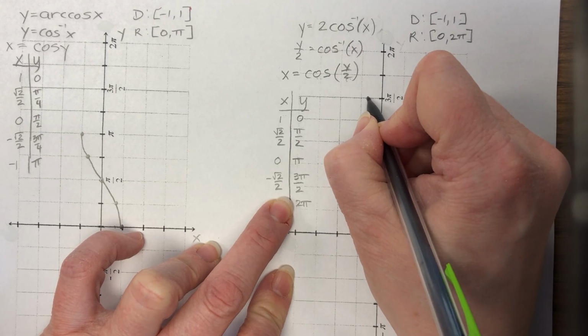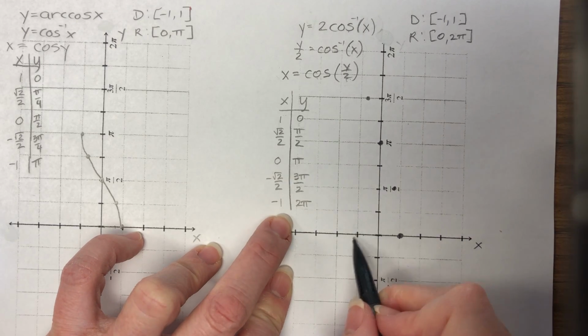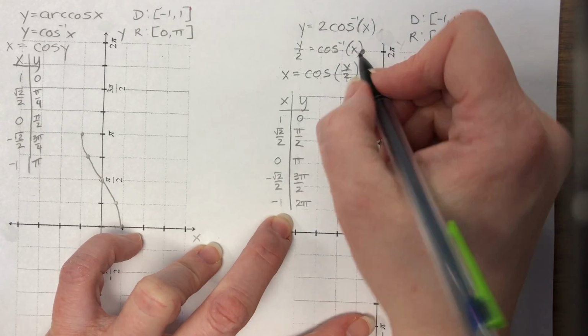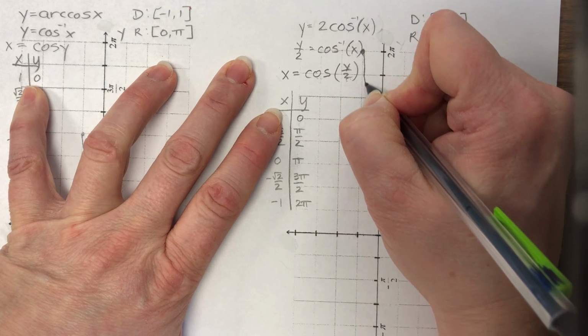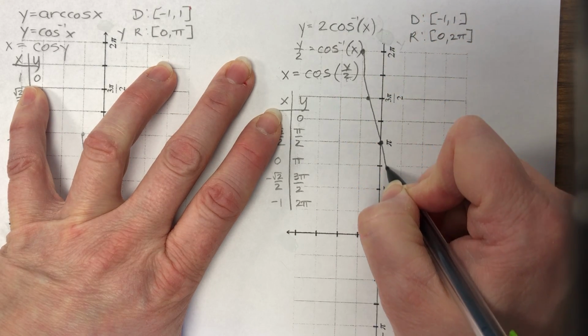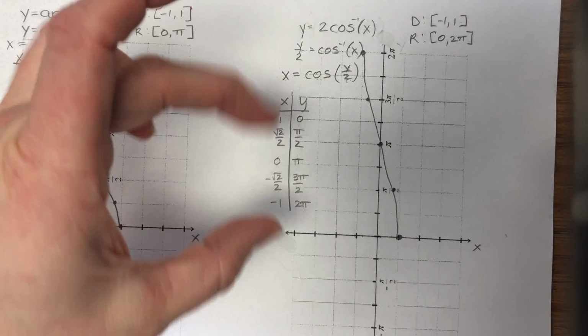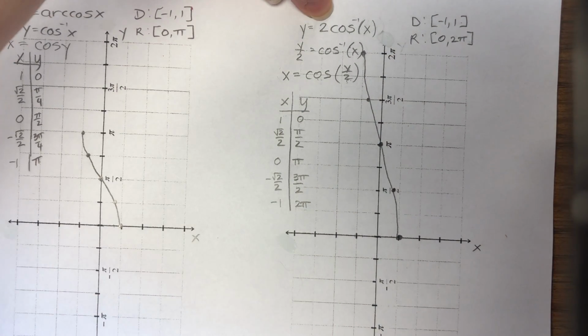It's up at 3 pi halves. And -1, 2 pi. Barely fit on my graph. No arrows, vertical stretch by a factor of 2.